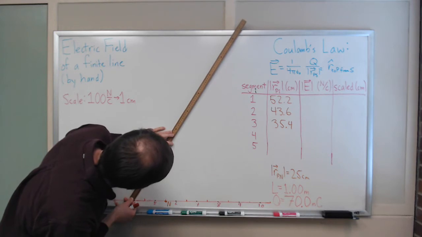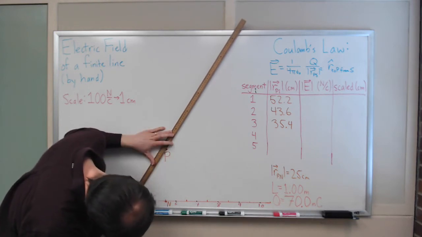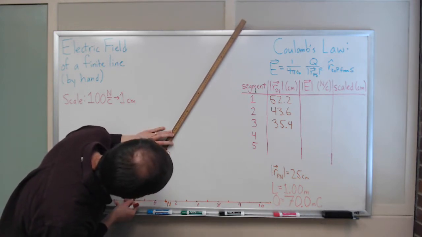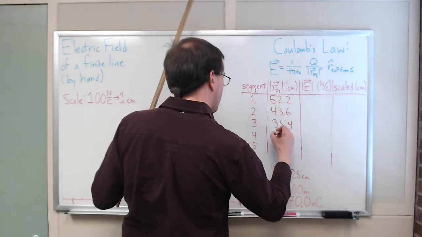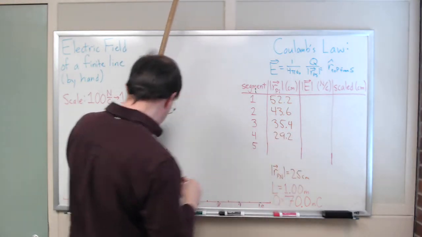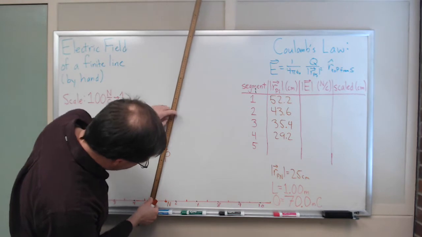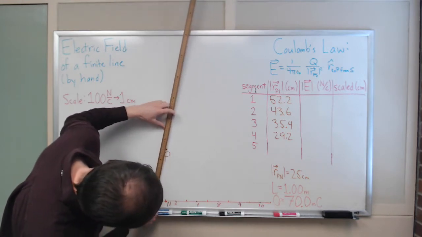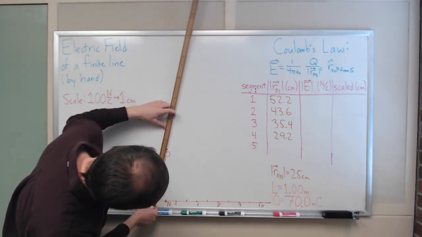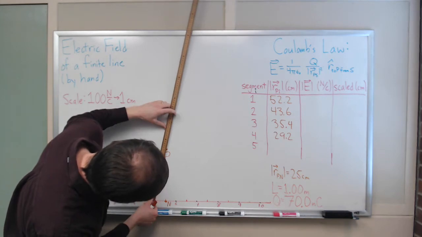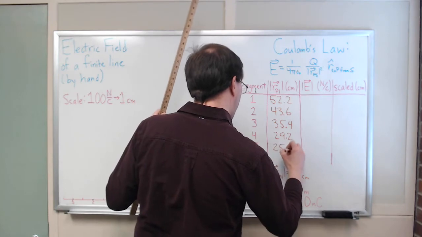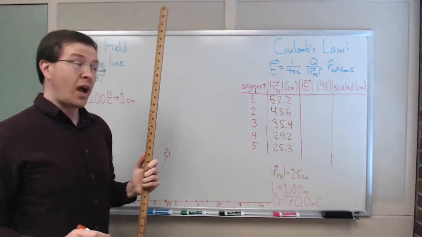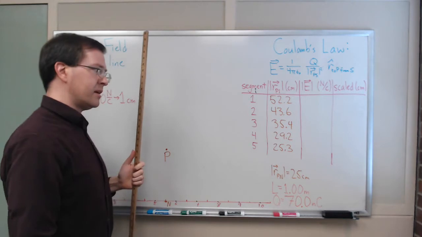This is 29.2 centimeters, and point 5 to point P, that distance looks like it is 25.3, I think. 25.3 centimeters. Now, I should keep going, 6, 7, 8, 9, 10.